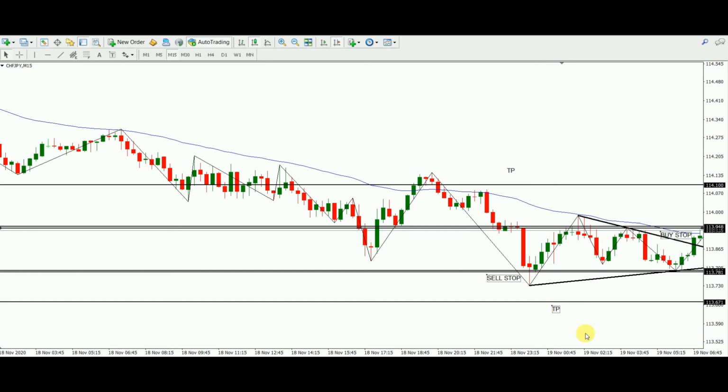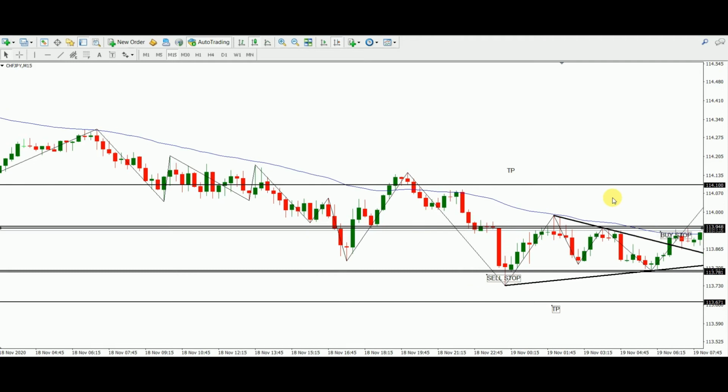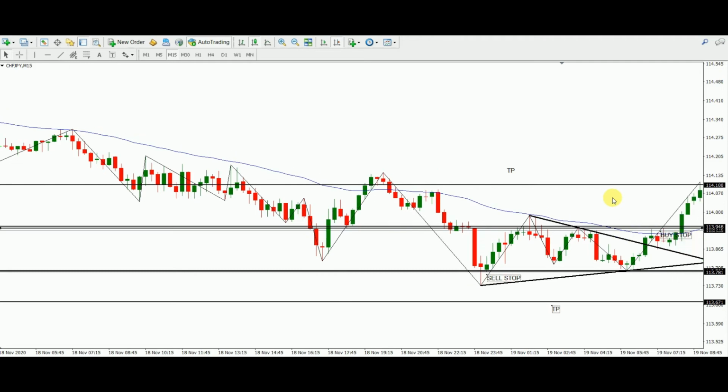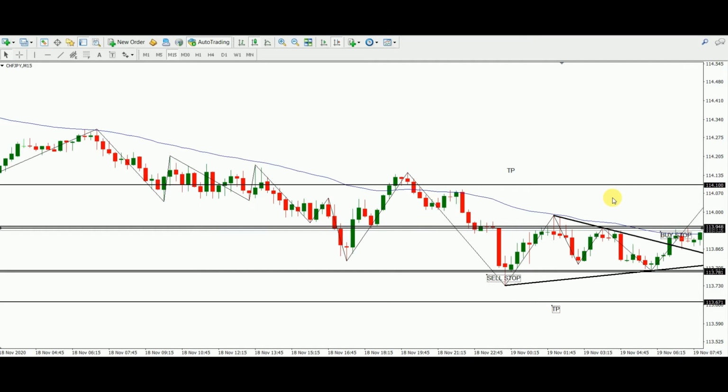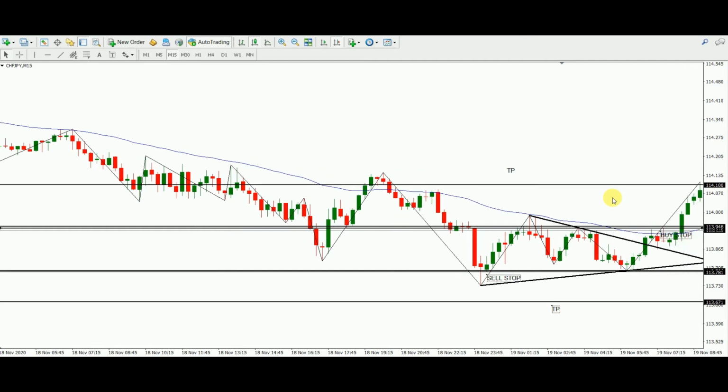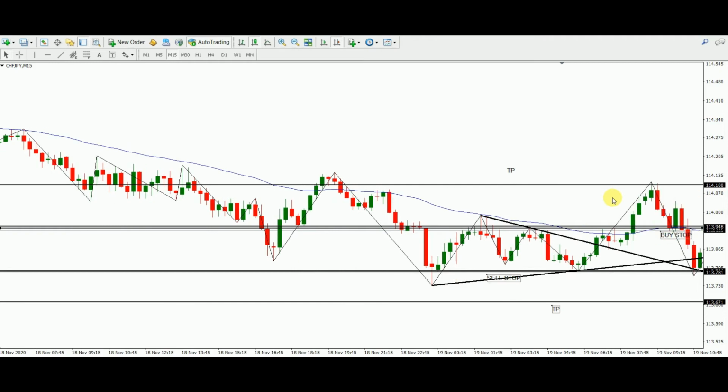Okay guys, so now you are set up, you are ready for the trade. From here we start, because we'll see where the price is going.